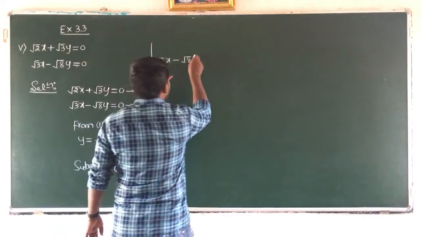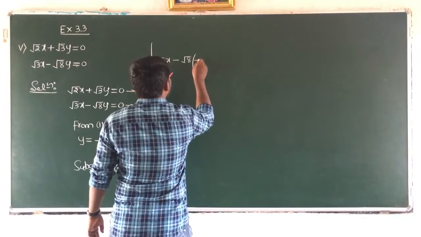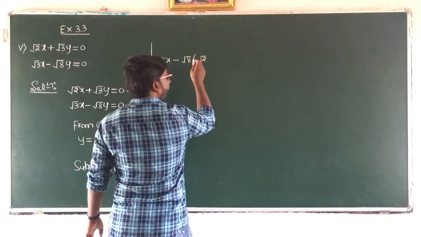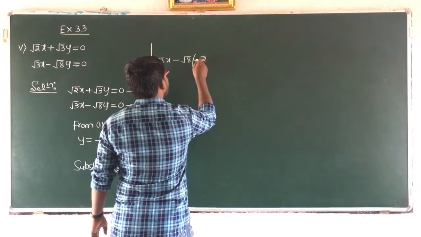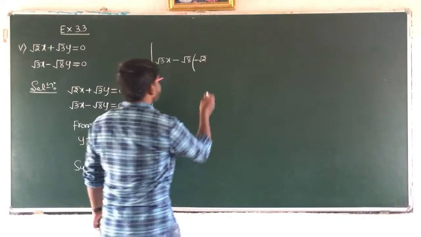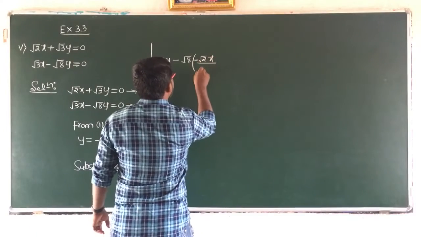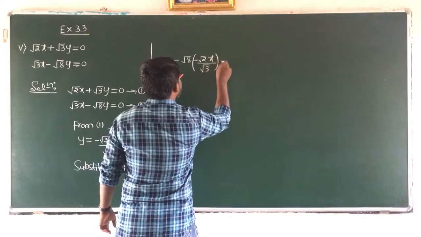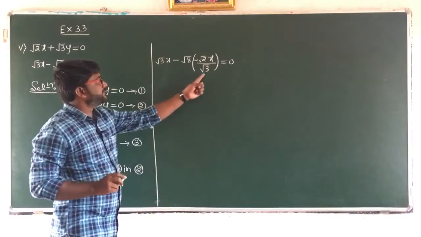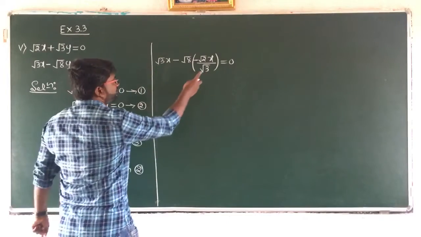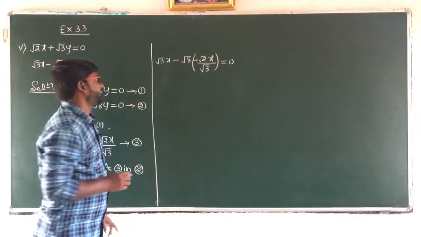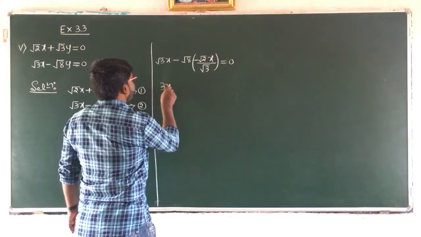So minus √8 times (−√2x divided by √3), which is equal to 0. So now take up the LCM. This will be multiplied with the first term. √3 into √3 will be √9. What is √9? It is 3. So we get 3x minus.